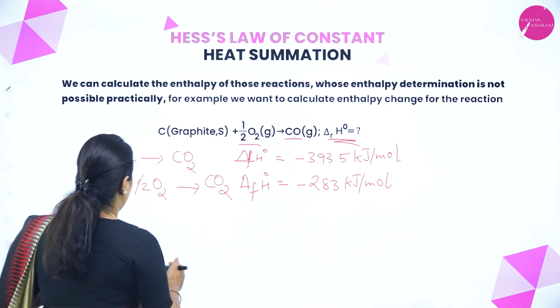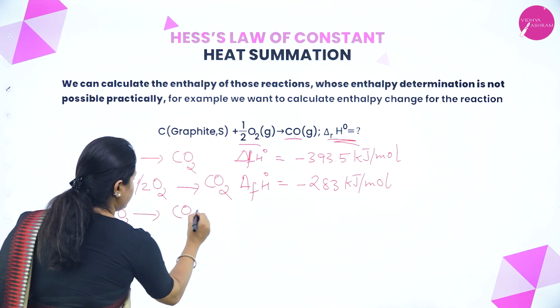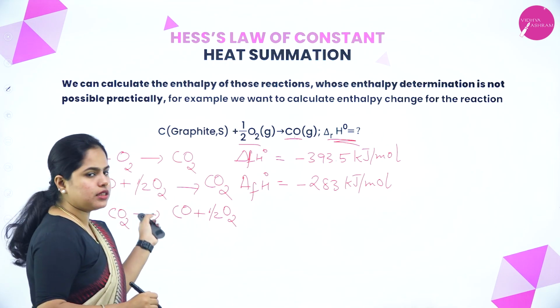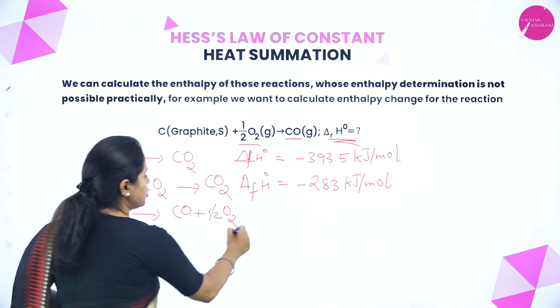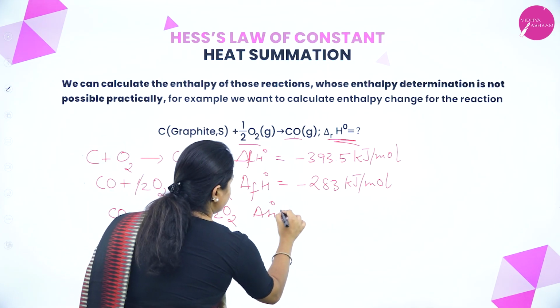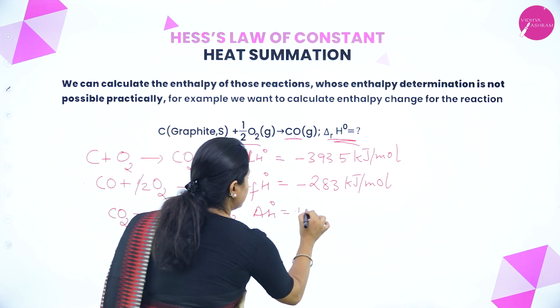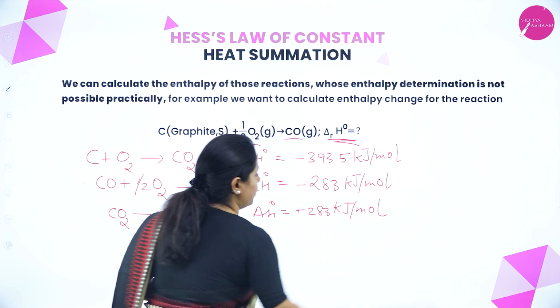That means I write carbon dioxide on the reactant side and carbon monoxide plus half O2 on the product side. If I am reversing this reaction, some change should happen to the enthalpy also, right? Since I have reversed this, the enthalpy of the reaction will become plus 283 kilojoule per mole.